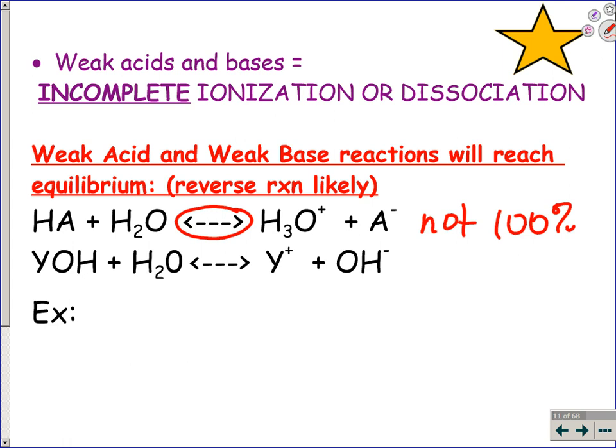I want you to name off maybe 2 or 3 weak acids, starting in your groups first. So basically, there's only 6 strong acids. So anything else is going to be what? Weak. So come up with some weak ones first. Let's get 3 if we can get 3.